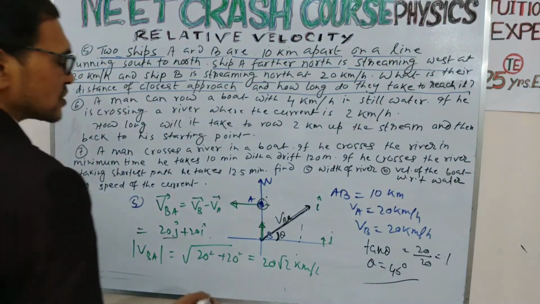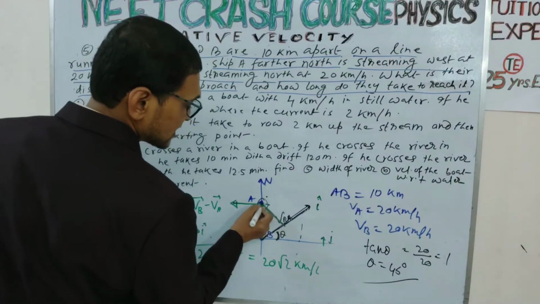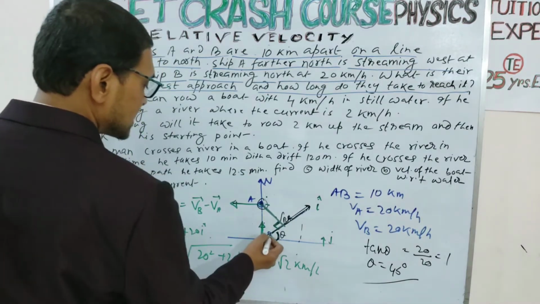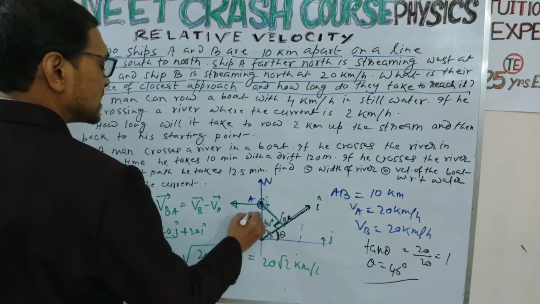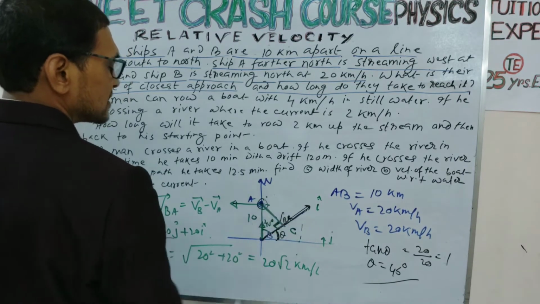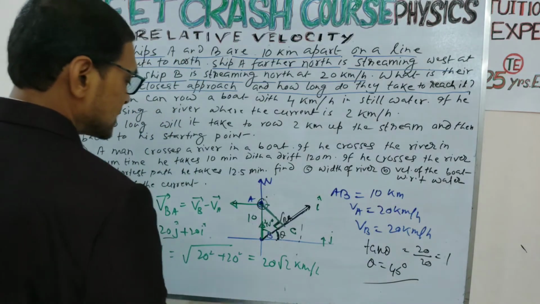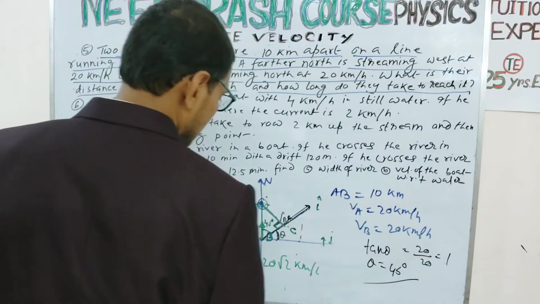So what is the closest distance? The closest distance is the perpendicular distance, that is this. Now this angle is 45 degree and this angle is 45 degree. So AB is 10. We can measure the length AC. This is B, this is C, and this angle is 90 degrees.